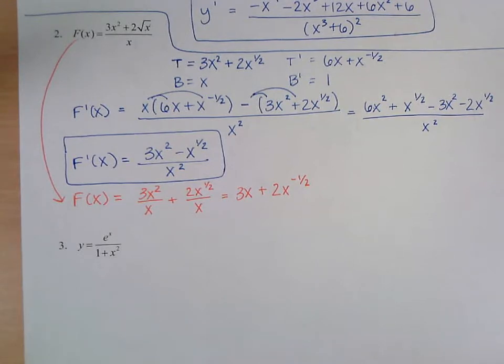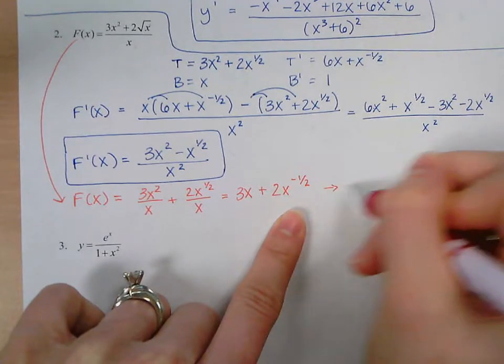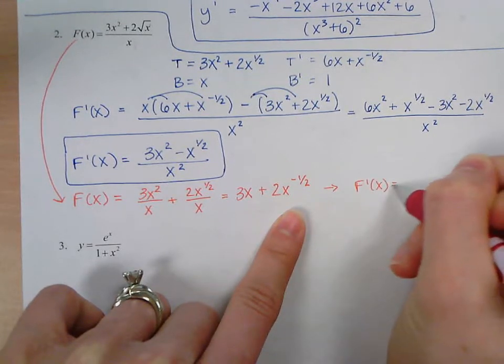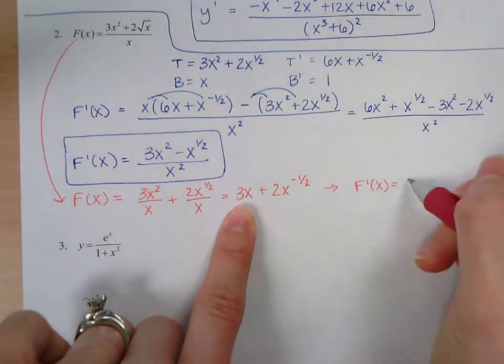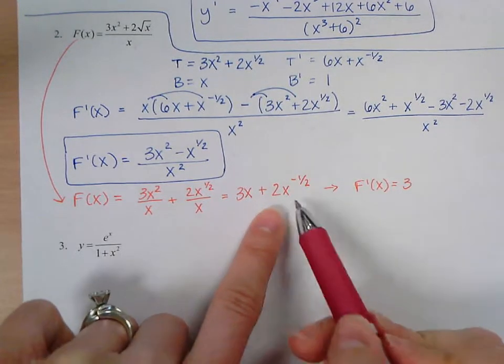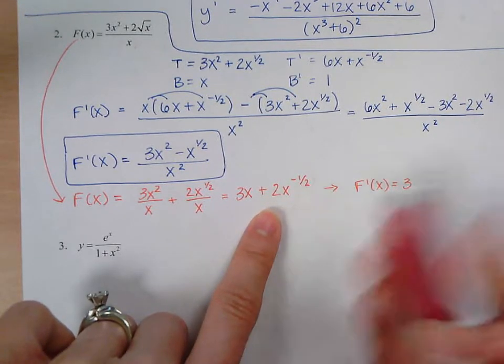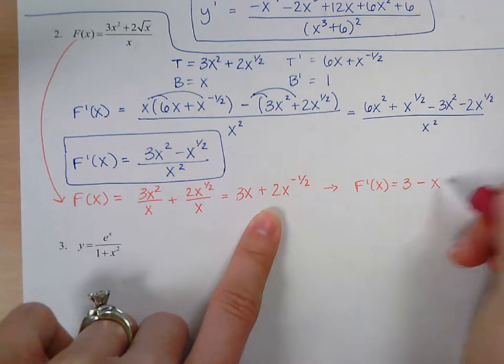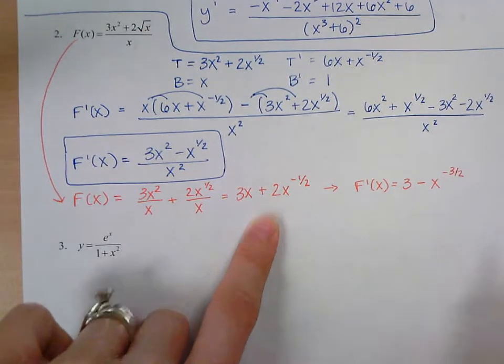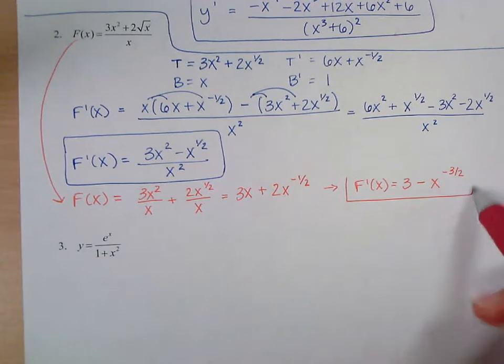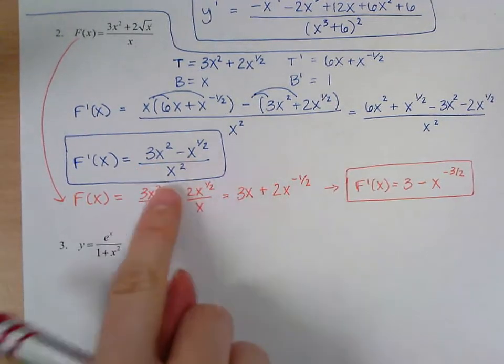I don't have to use a quotient rule. So now I can take the derivative, and I would get the derivative of 3x is 3. And then here, 2x to the negative 1/2, I would have minus x to the negative 3/2 as my derivative. Doesn't look the same as this.